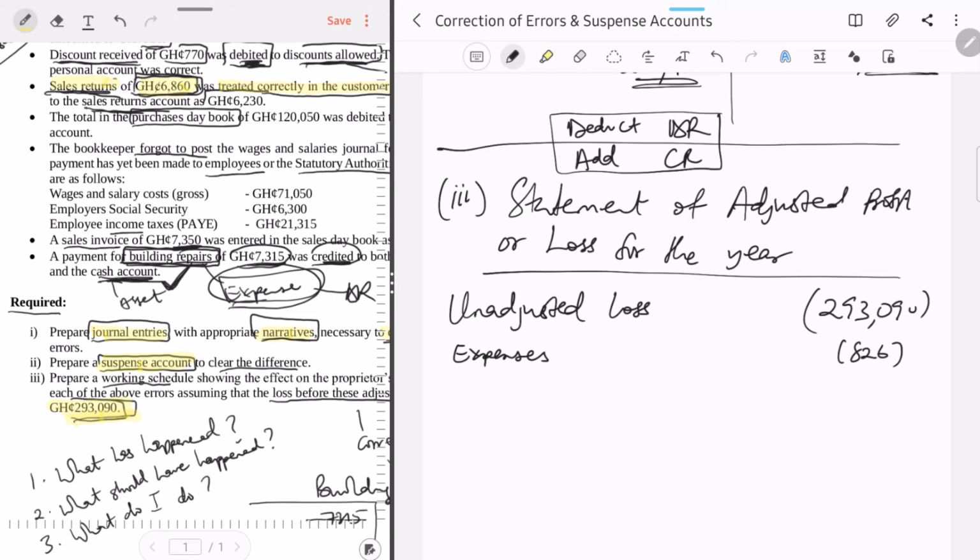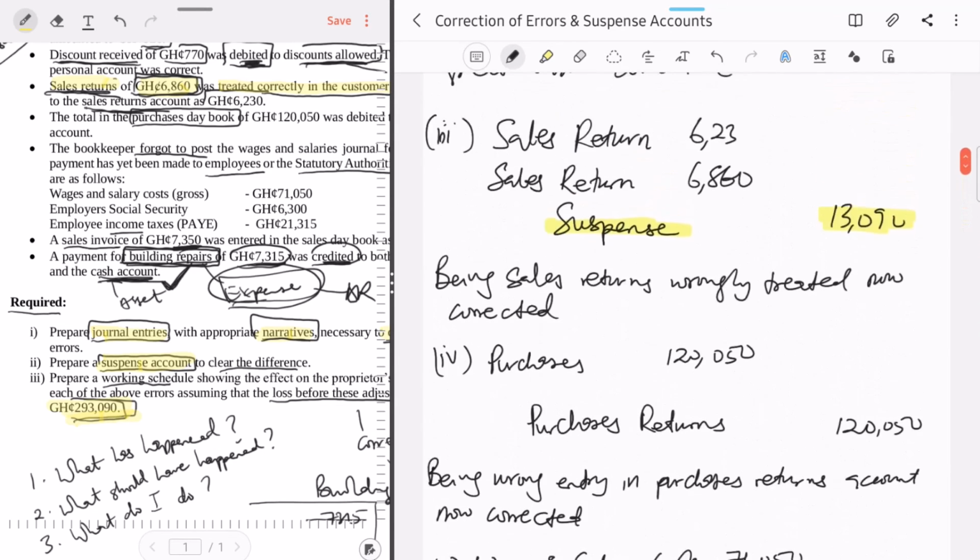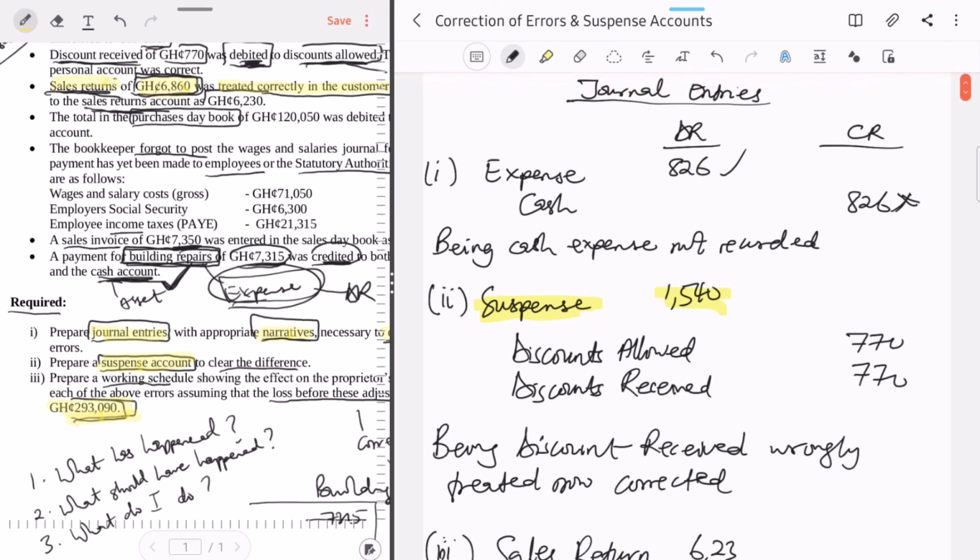This is the simplest rule in the world. There are different approaches people use. People use acronyms. This works for everything. So just use this. All right. Okay. The next one. Suspense. Is it an income statement item? No. Discount allowed, discount received. Yes. So discount allowed is an expense. It affects the income statement. Discount received is income. It affects the income statement. So these two are both credits. So we can just add them.